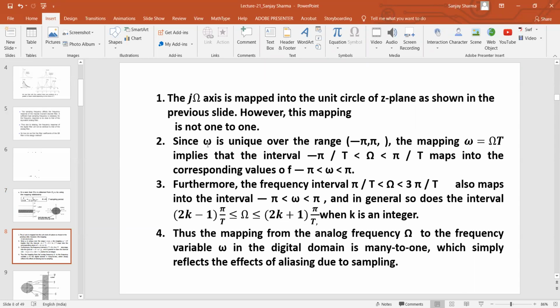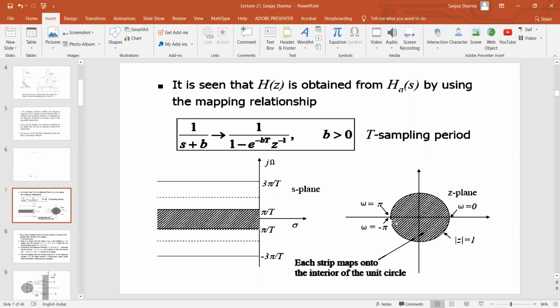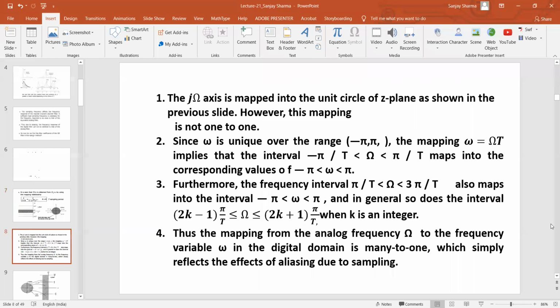Since omega, which is the digital frequency, is unique over the range minus pi to pi, it will start from minus pi and end at pi. Small omega is the digital frequency, capital omega is the analog frequency, and this is the relationship.